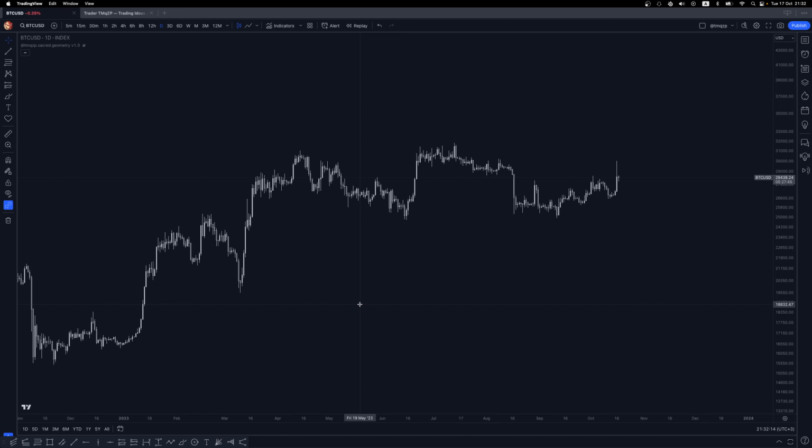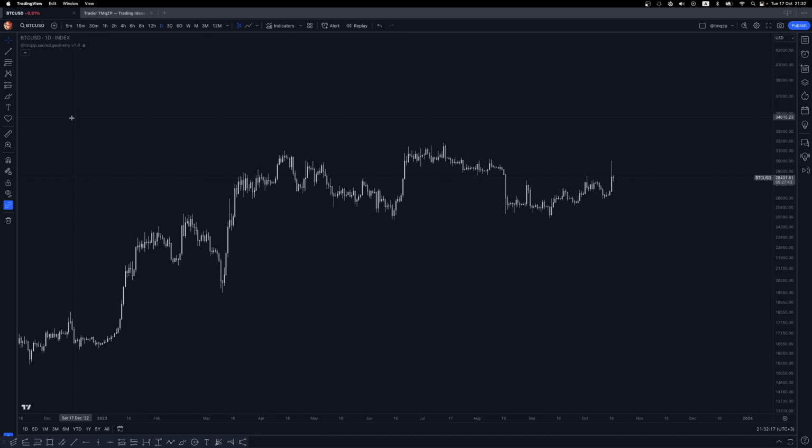And when I was thinking about which time frames are the most useful or make the most logical sense to me, I came to the conclusion that the number that makes the most sense in terms of time would be the number 12.